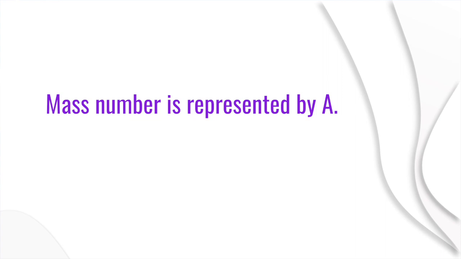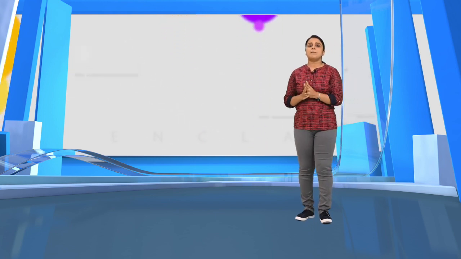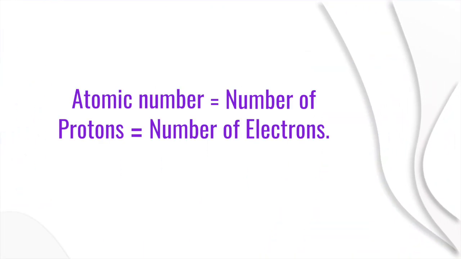We know that mass number is represented by capital letter A. So, the atomic number is represented by capital letter Z. Since atoms are neutral, the number of protons in an atom is equal to number of electrons. We can say that atomic number is equal to number of protons, or it is equal to number of electrons. Why? The number of protons and electrons in an atom are equal.